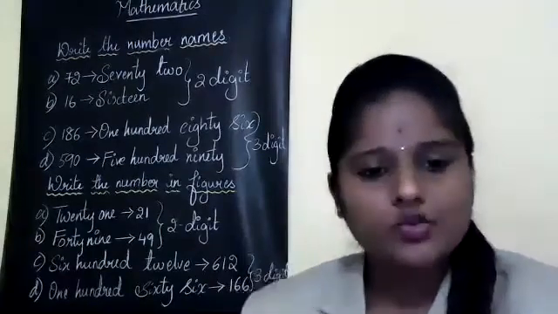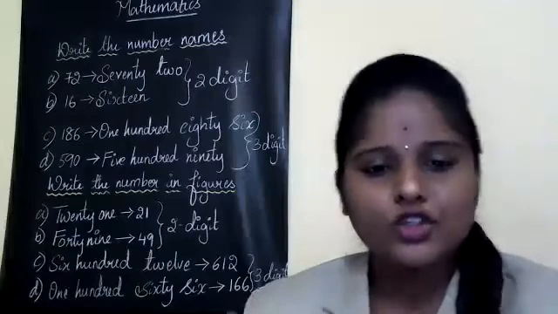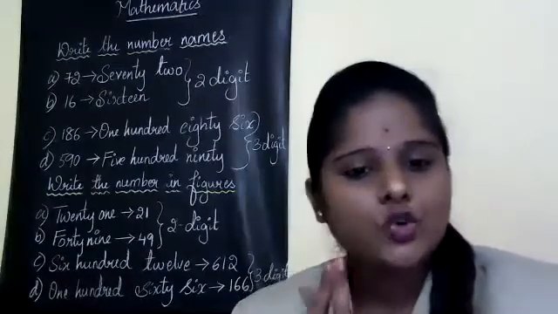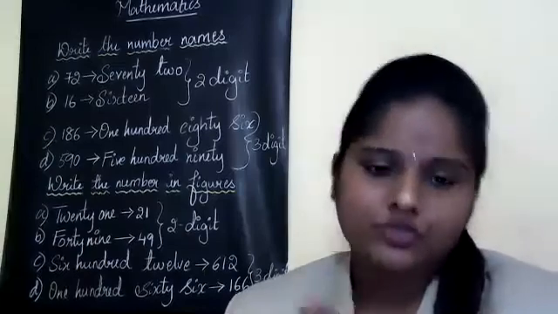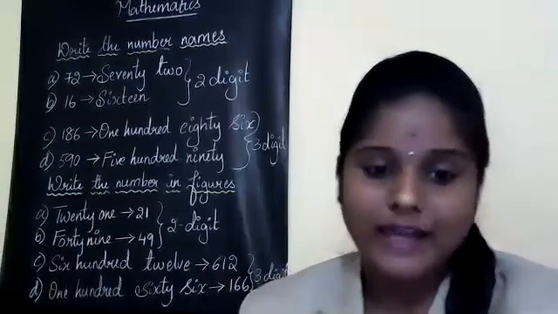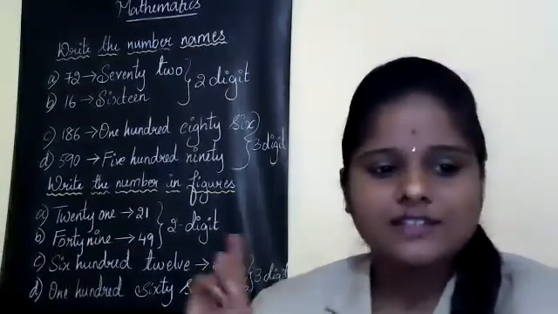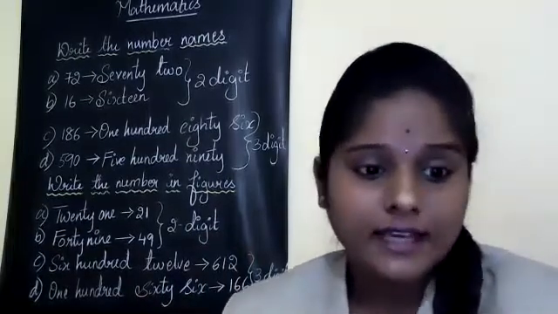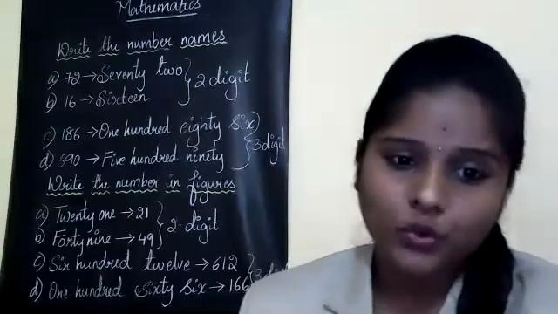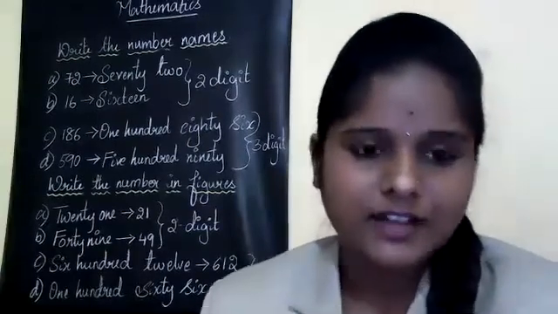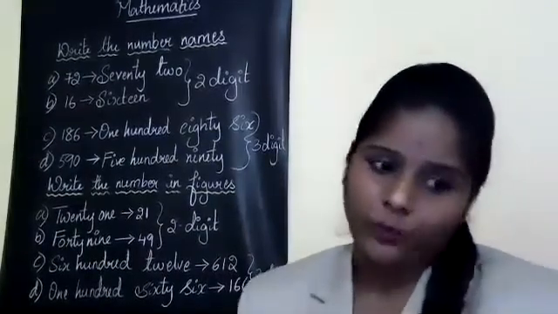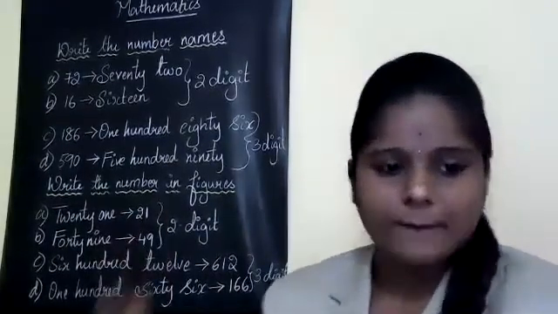How to write 12? 1, 2, isn't it? 1 in the tens place and 2 in the ones place. So this is how we are going to write 12. Now 612, the answer will be 612. Okay. Move to the last example.